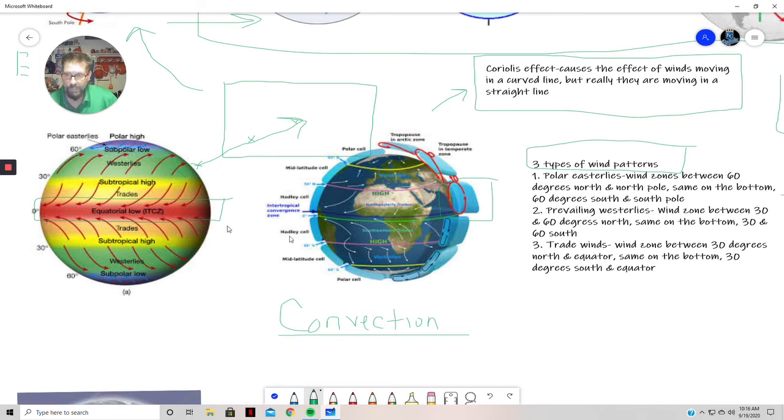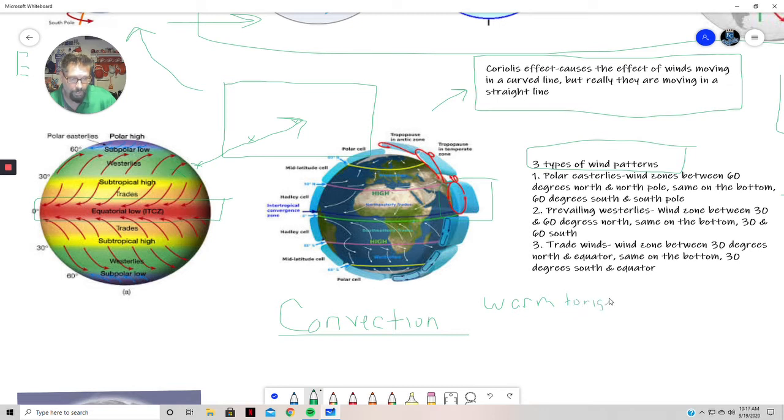And since the hottest area of the earth is the equator, that warms its air up much more than other areas, and that air rises. So convection causes warm air to rise. And that's going to be really key when we start talking fronts.